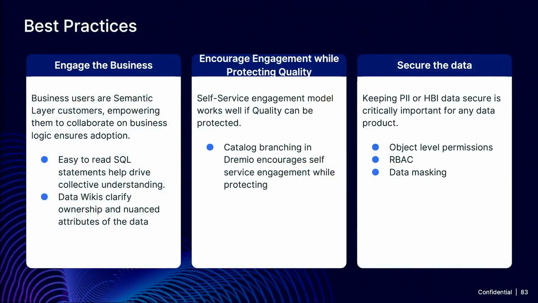So with that engagement and enablement, as a central team building and maintaining a semantic layer, you want to encourage engagement while protecting quality. And this is the tension that you're going to have in the semantic layer. By having people experiment, run queries, and self-service changes, who's going to be responsible for the quality of the output at the end of the day?